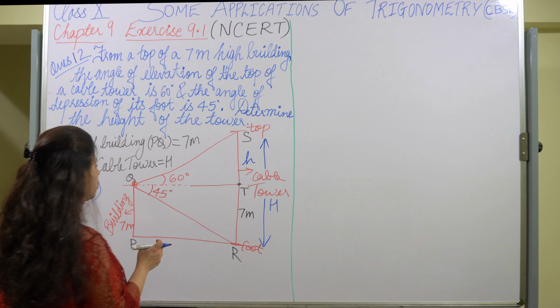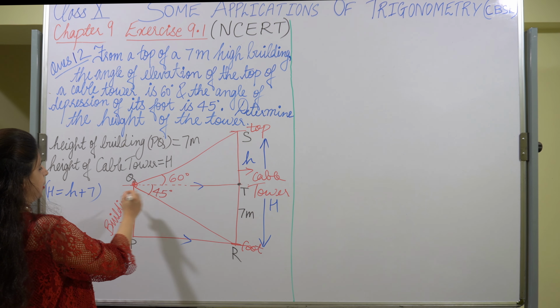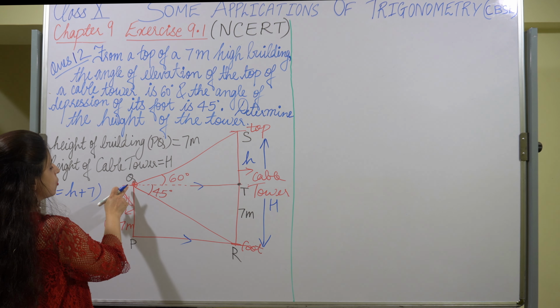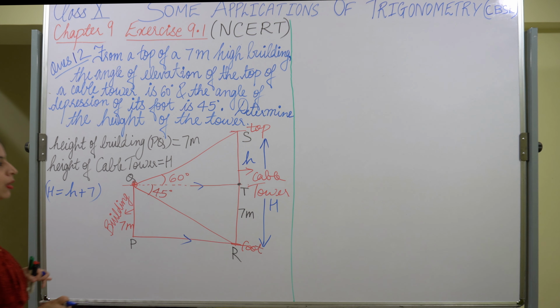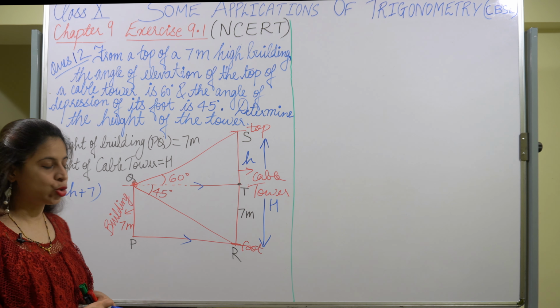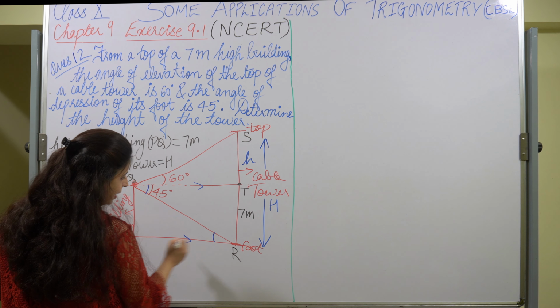Also one thing to be noted is that this line and this line, let us mark this point, it is already marked QT. QT and PR are parallel as well as equal. So we can easily say this angle is equal to this angle.